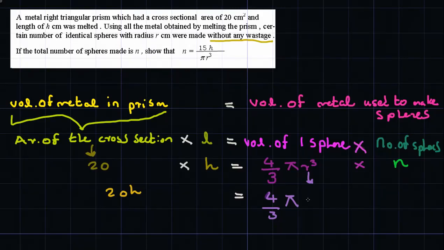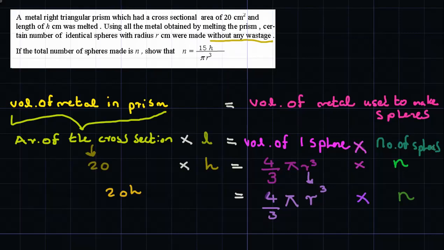So what's the radius? It's r. So in the place of radius, you put r to the power 3. In this question, they have given the radius as r, but in another question, they could give you x or y or any letter they wish. So in the place of radius, you have to look at what letter they have given and substitute accordingly. All right. Times n.